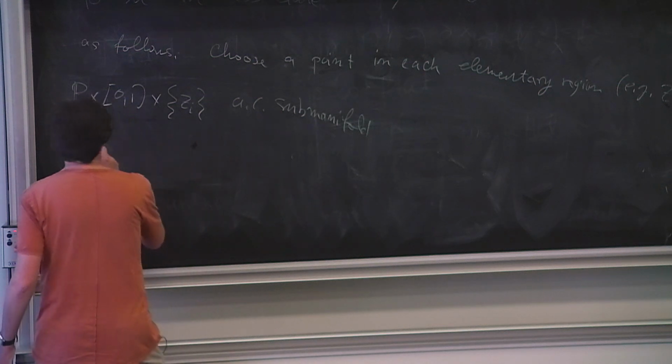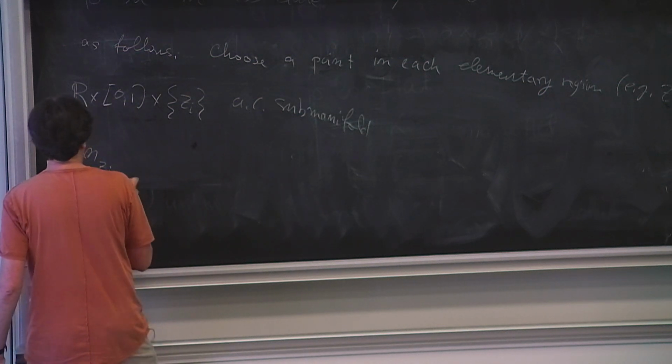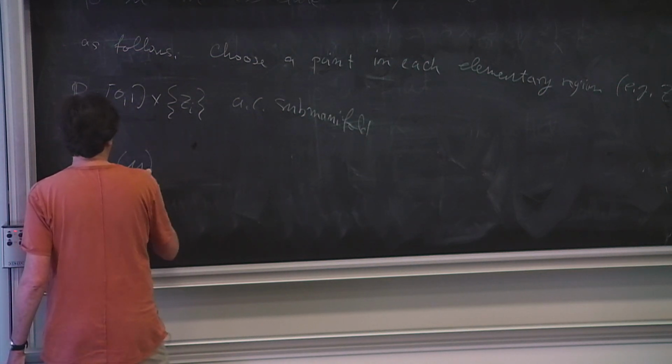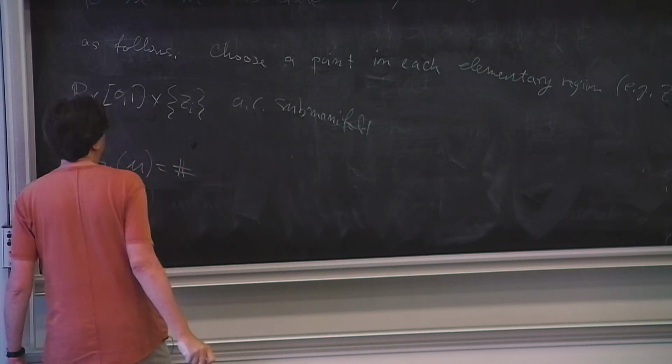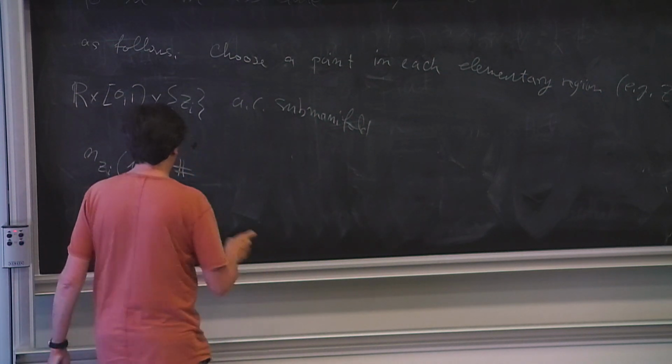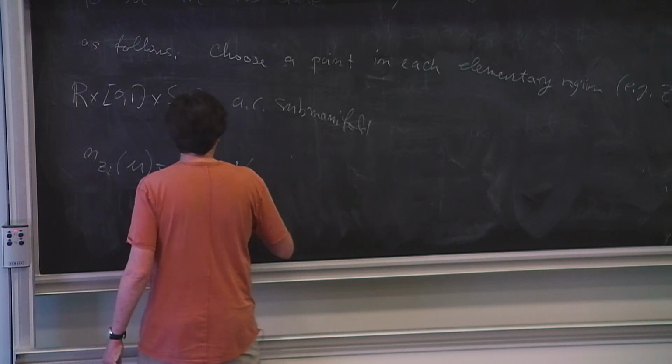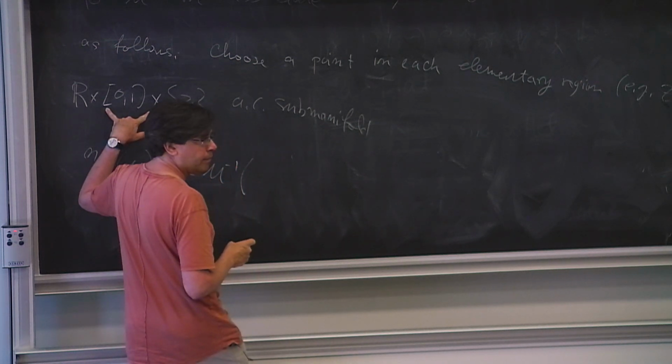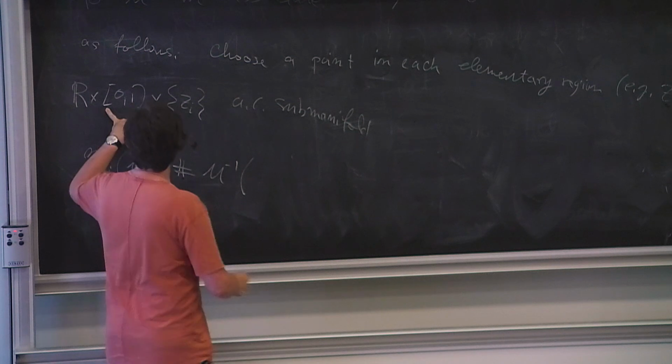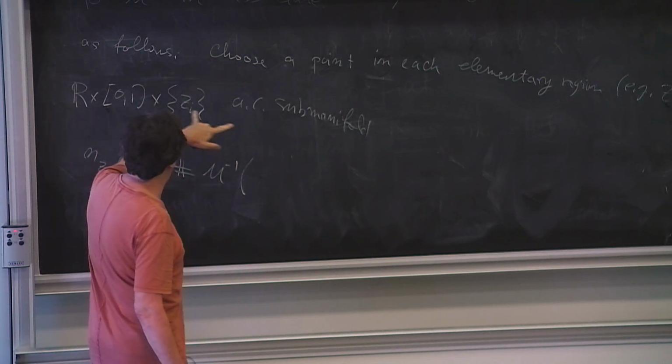And we define n_{z_i}(u), the number of points, counted with multiplicity, of u^{-1} of this almost complex submanifold.